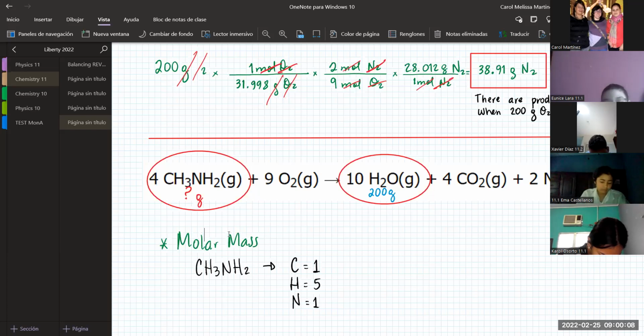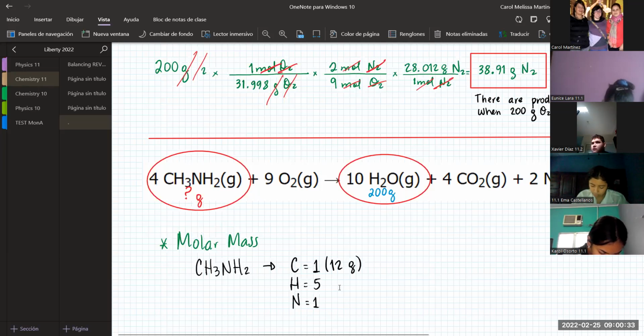You multiply the masses of each. I'm going to use the rounded values, guys, because of the lack of time. For carbon it is 12, if I'm not mistaken. Hydrogen is 1 gram only, and nitrogen is 14 grams only.